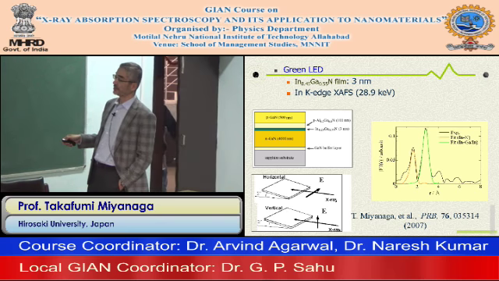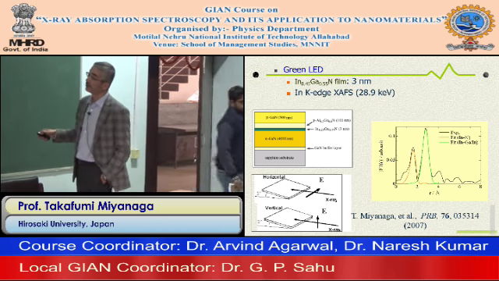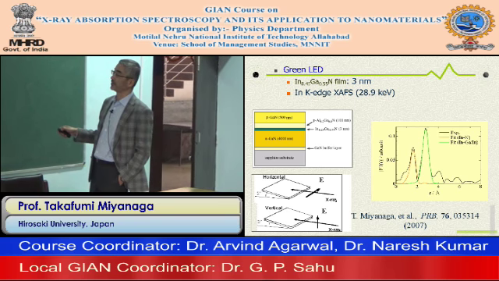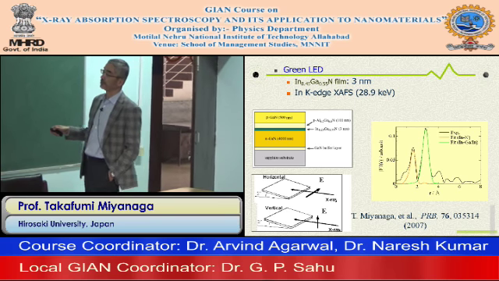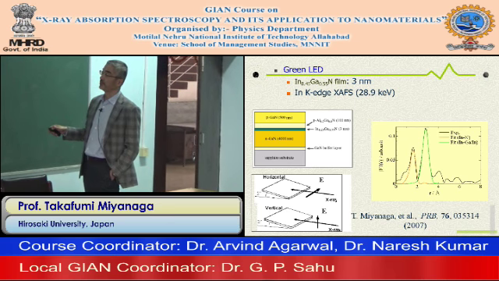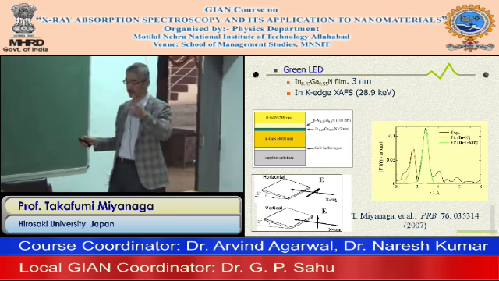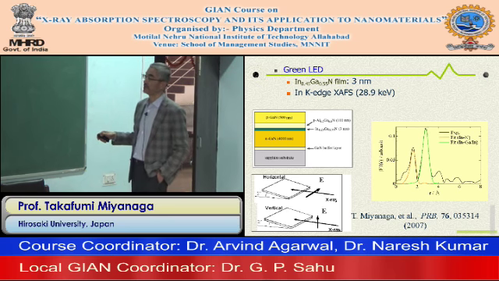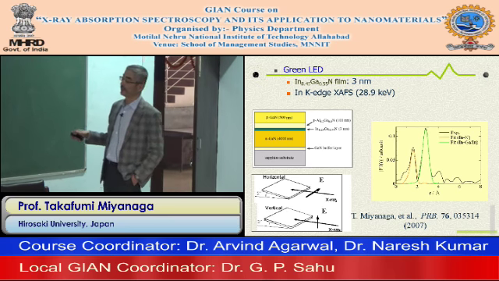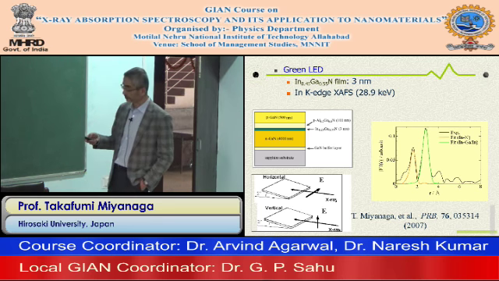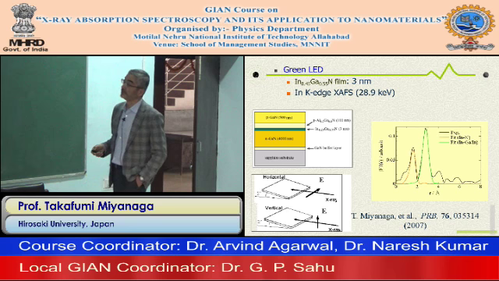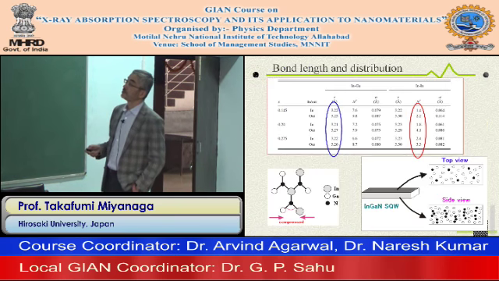The Fourier transform of these samples. The first one is, of course, indium nitride. The second one includes indium gallium, where indium atoms are replaced by gallium positions, so the typical zinc blende structure. The result is here.